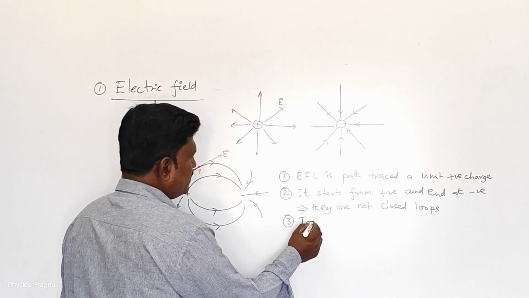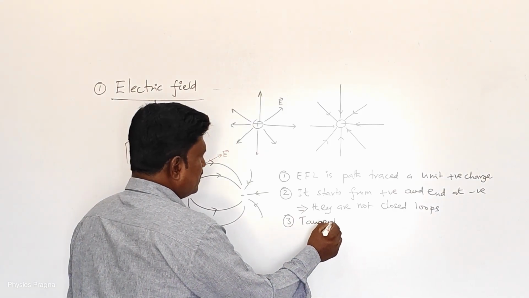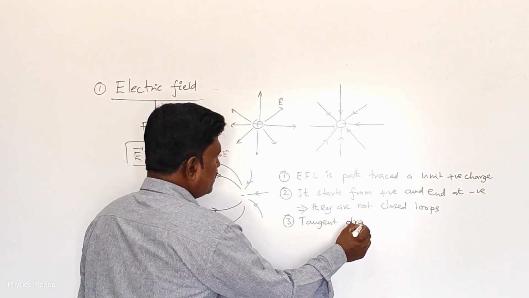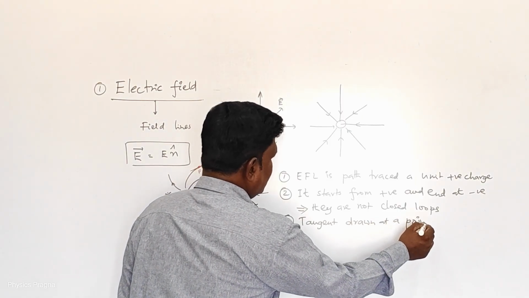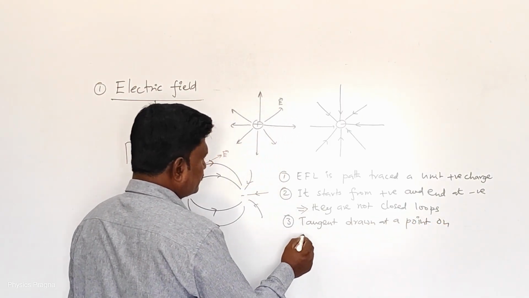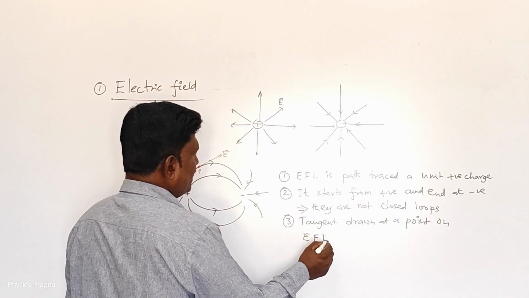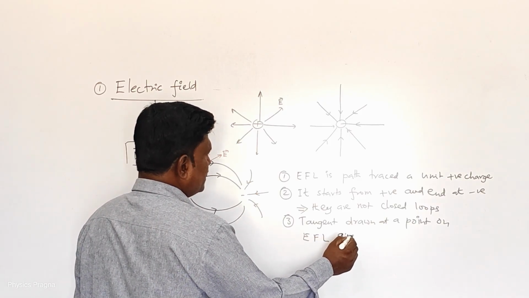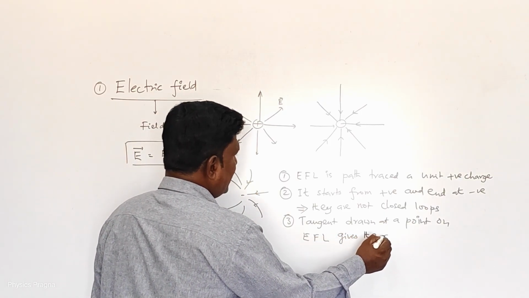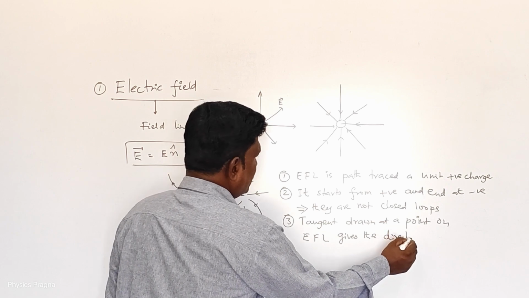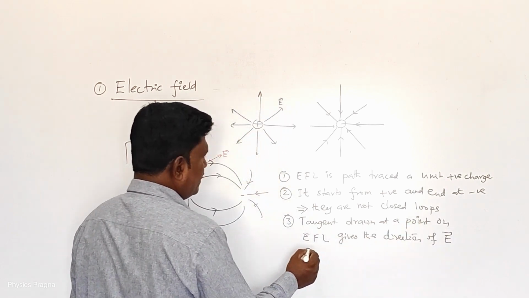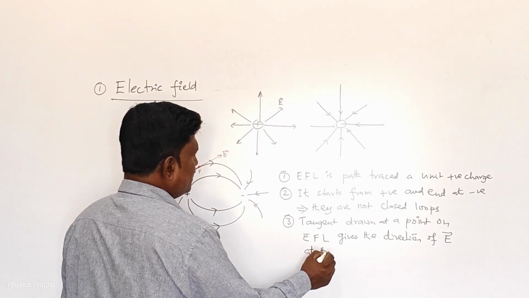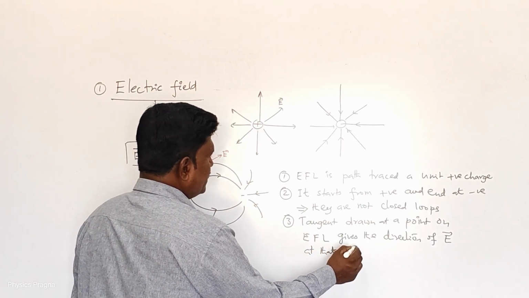Tangent drawn at a point on electric field line gives the direction of electric field at that point.